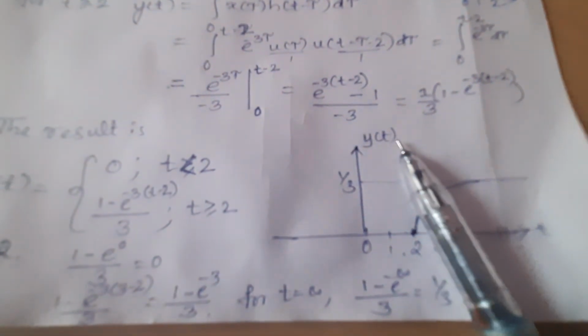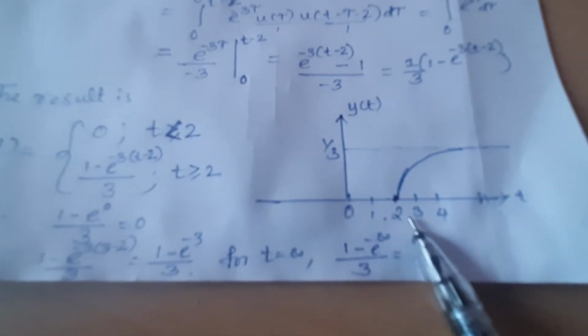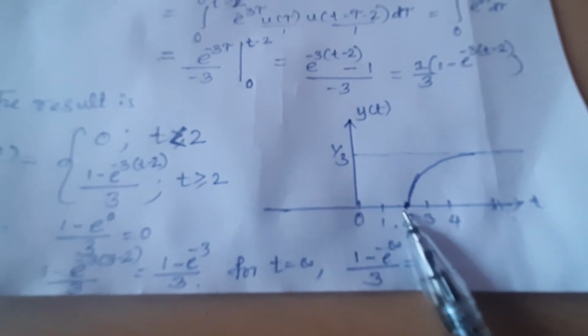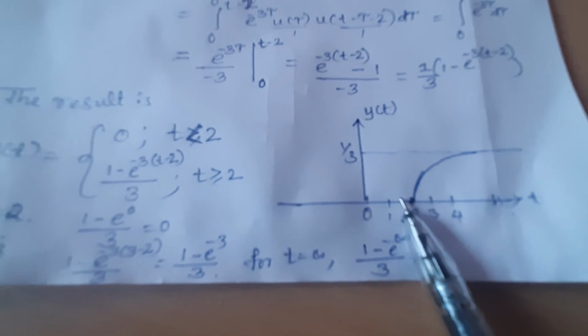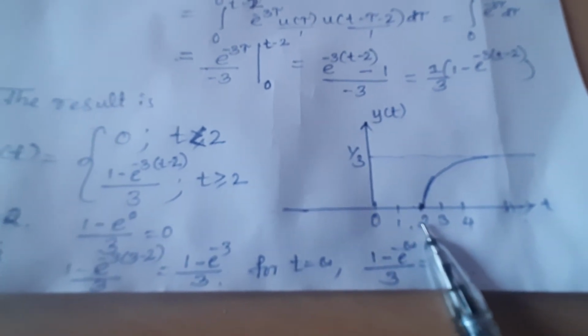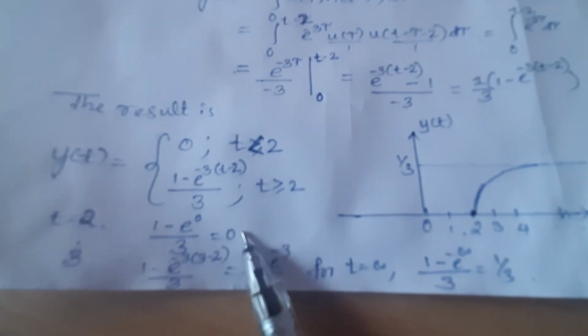So y of t is given this way: when t is less than 2, it is 0. When t is greater than or equal to 2, it starts existing. If we substitute the value of t as 2 in this equation, it becomes e raised to 0, so its value is 0.